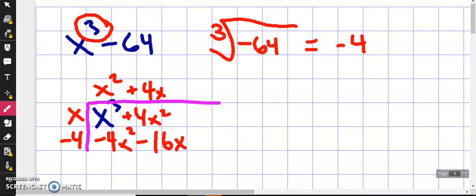Once again, I have no x's in my original expression, so I need a positive 16x to cancel the bottom row. If I see an x on the outside and a 16x on the inside, that tells me I'm missing the 16 that goes on top. And then if I set this up right, negative 4 times positive 16 should give me negative 64, which it does.